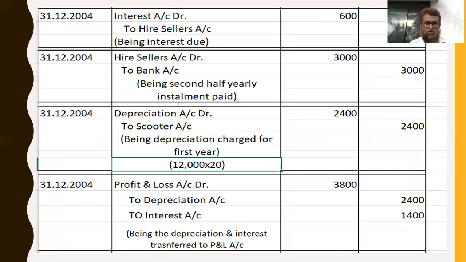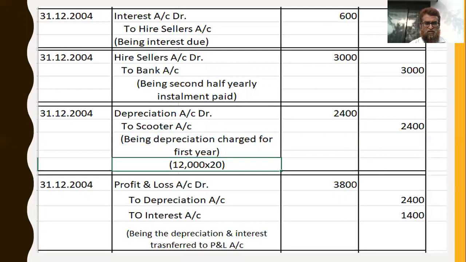Now when the second installment is due, that is on 31/12/2004, you have to pass 4 journal entries. First one is interest account debit to hire seller's account, rupees 600, that is for interest due. Second journal entry for making the second half-yearly installment, hire seller's account debit to bank account, rupees 3,000.